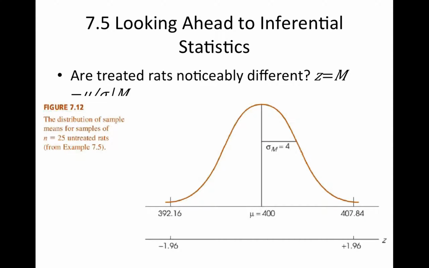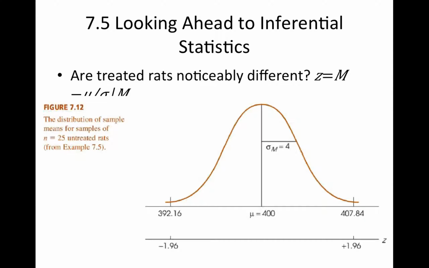Now, looking ahead to inferential statistics. We've talked about this a little bit already, but what we want to look for when we're talking about inferential statistics is we're going to have, say, a population of people with high cholesterol, and we're going to give them a medication, and we want to see, does that lower their cholesterol level?